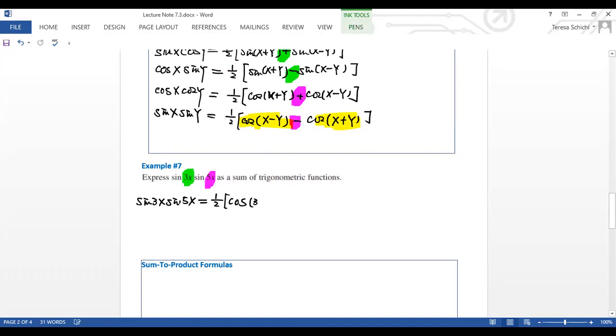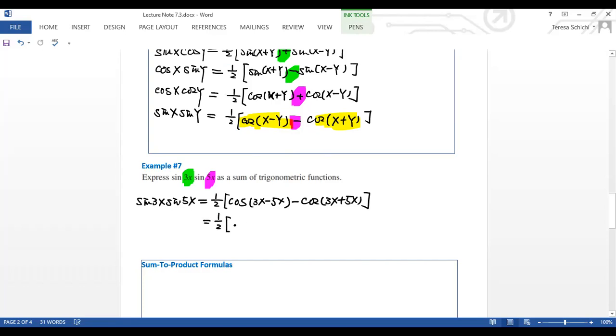So what is here? 3x minus 5x, correct? Then minus cosine; you add these two angles, so it's 3x plus 5x. All right, now this one becomes pretty easy.